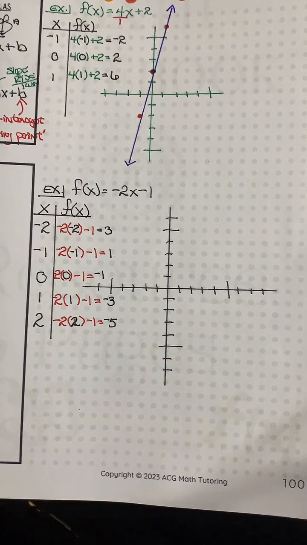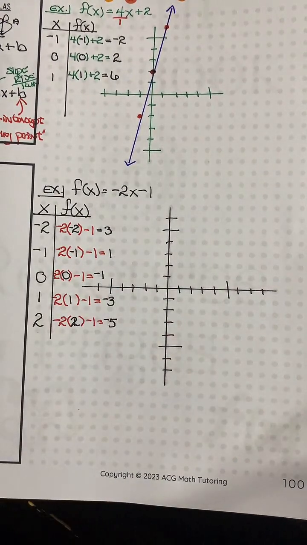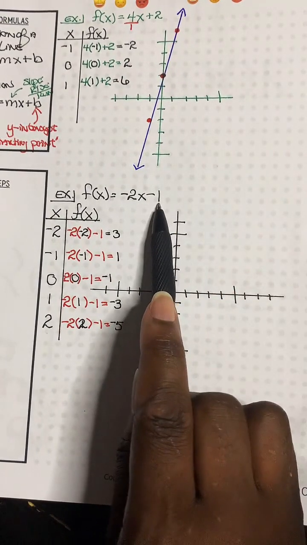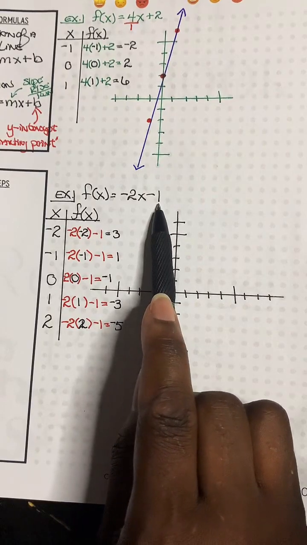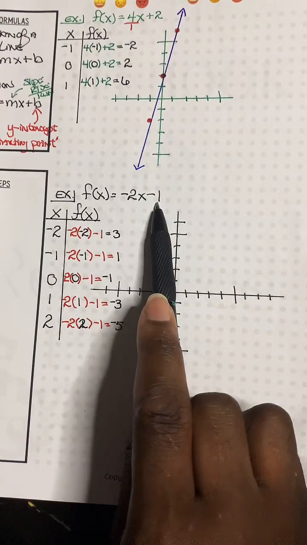Okay, so you can do the table and plot, or we can actually start with our y-intercept. Anytime you're doing any kind of graphing, especially linear, start with the y-intercept.